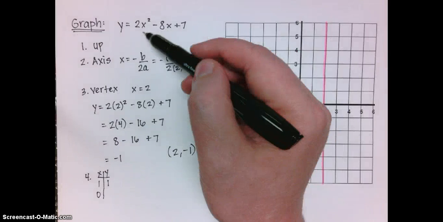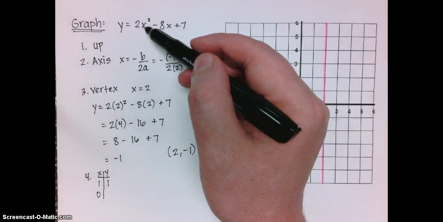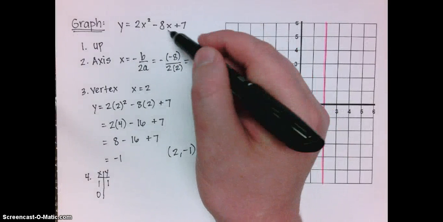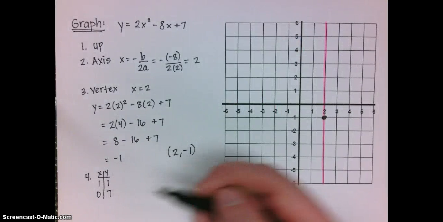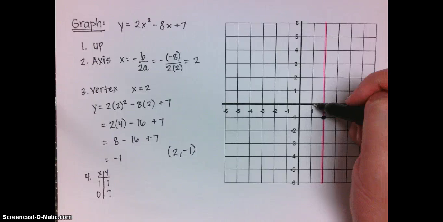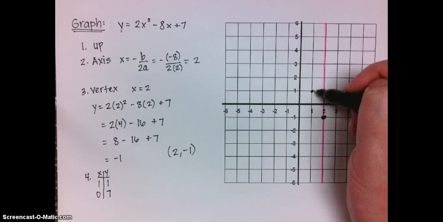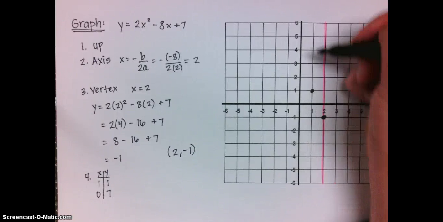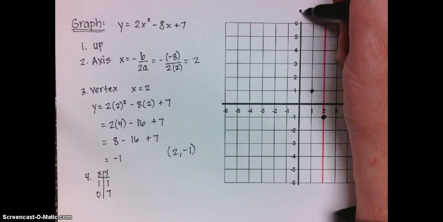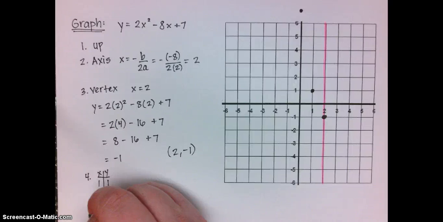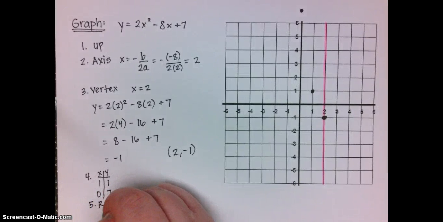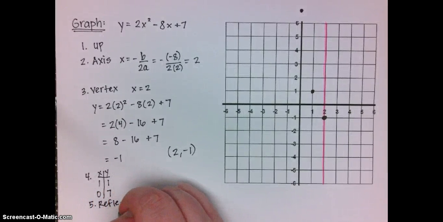Now let's plug in 0. 2 times 0 is 0, minus 8 times 0 is 0, plus 7 is 7. Okay, so I'm going to have 1, 1 as one of my points, and 0, 7 as another one of my points. That final step now is to reflect those points on the right hand side.